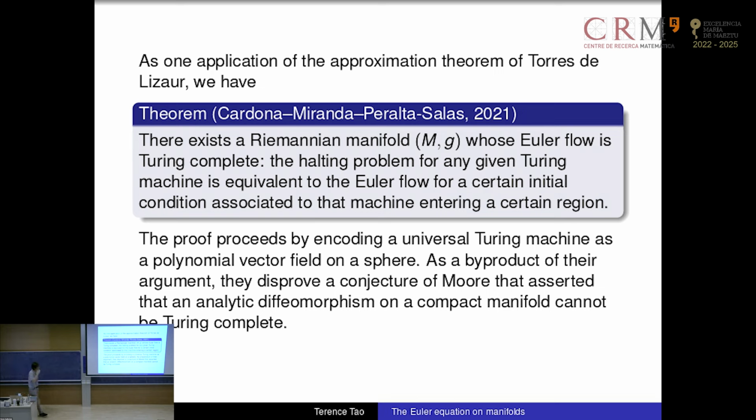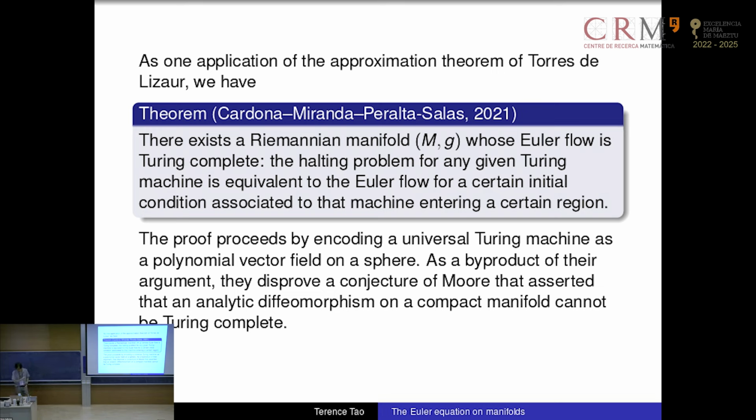If you want to know whether the solution on a specific high-dimensional manifold, evolving this data, will enter this region if and only if the Turing machine halts, there is no algorithm for determining whether this Euler flow will reach this region or not.